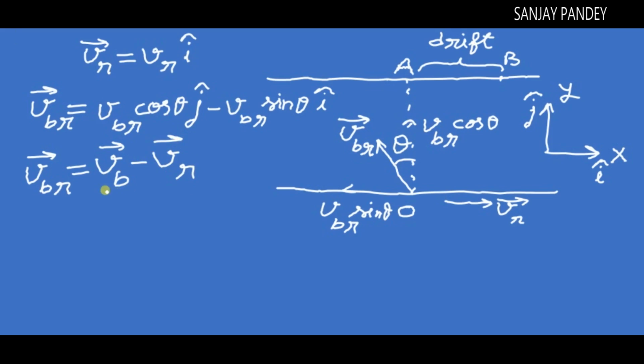Here VB is the velocity of the boat with respect to ground or shore, and VR is the velocity of the river with respect to shore. So the velocity of the boat will be equal to VBR plus VR.